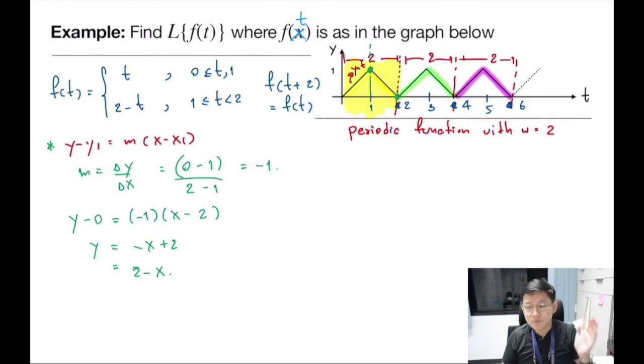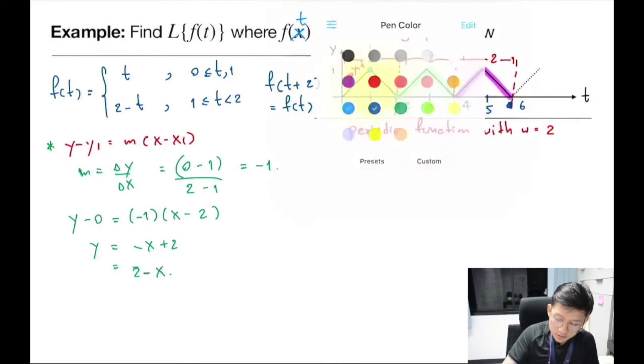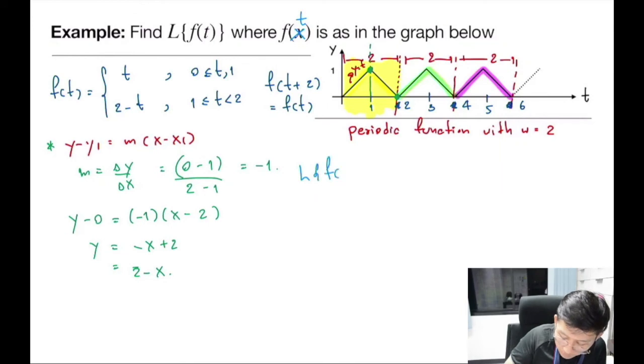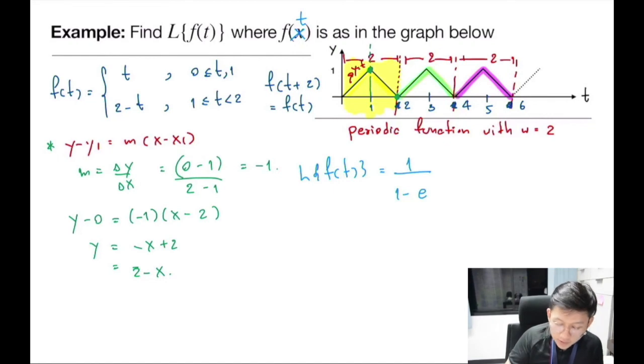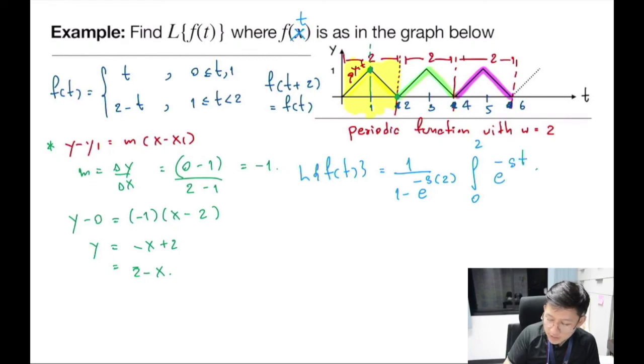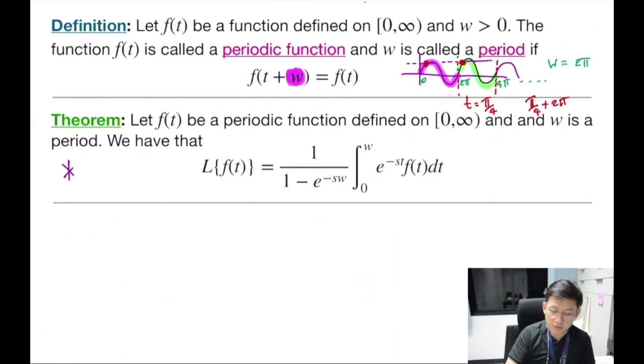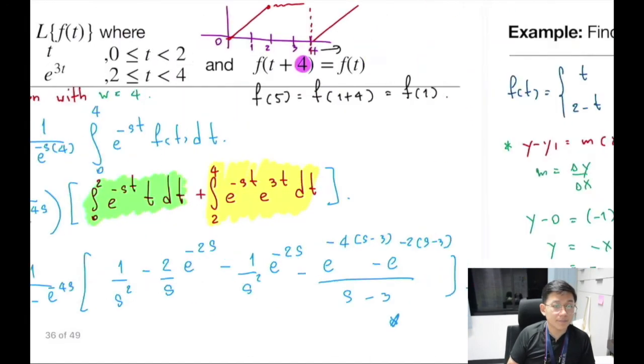And if you want to write down the Laplace transform for that function, the Laplace transform of f(t) is 1 over 1 minus e to the minus ws, where w is the period, times the integral from 0 to w of e to the minus st f(t) dt. That is the formula, if you don't remember it.